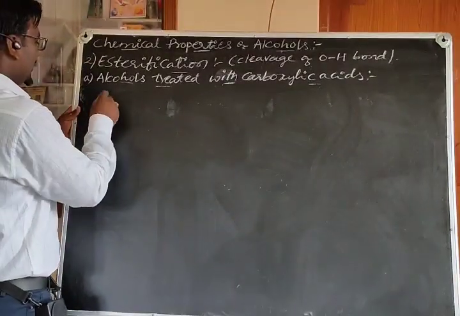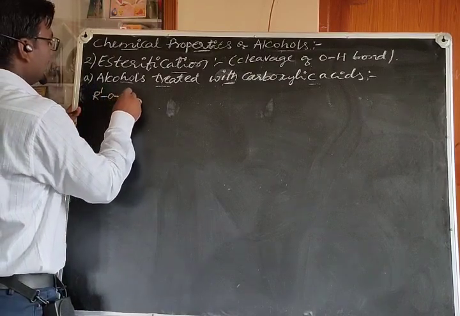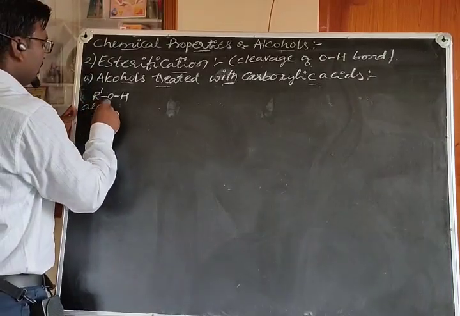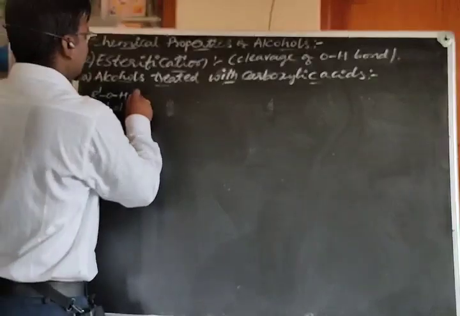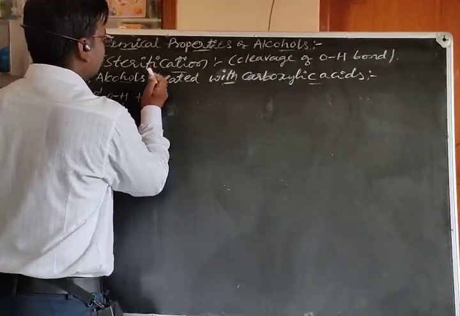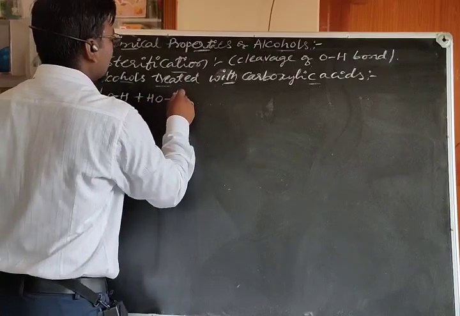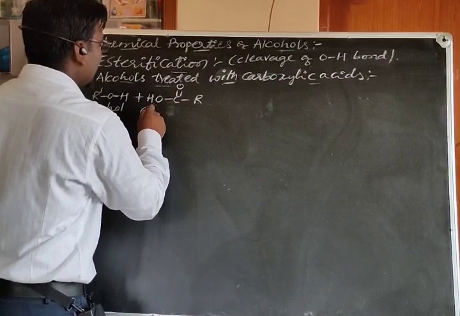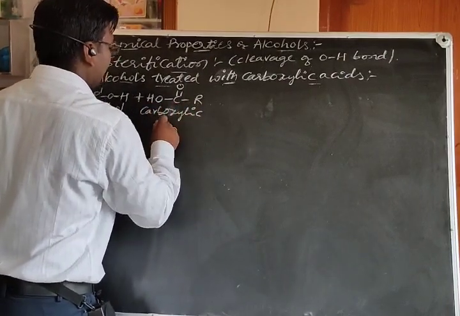Take any alcohol, let's say R-OH, where R is an alkyl group. It is treated with a carboxylic acid. Let's take RC double bond OH, which I will write as RCOOH. It is nothing but a carboxylic acid.